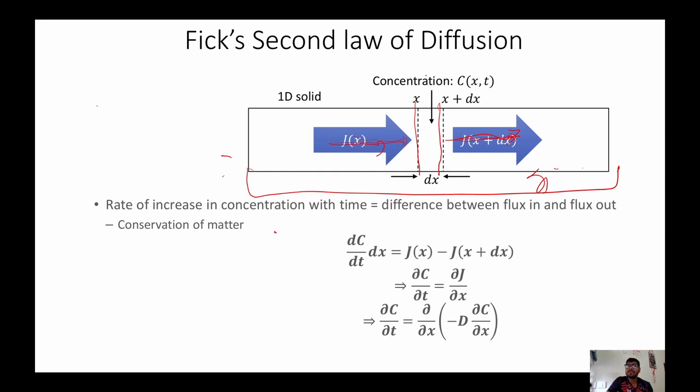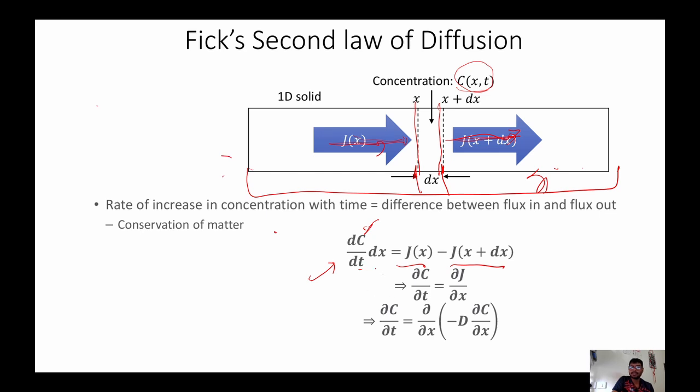So the concentration C(x,t), the change in concentration with time, the rate of increase of the concentration with time, is given by the change in flux at this point, which is given by Jx minus J(x+dx).